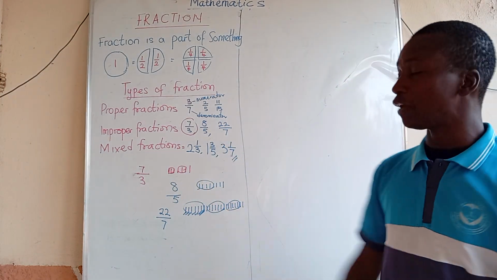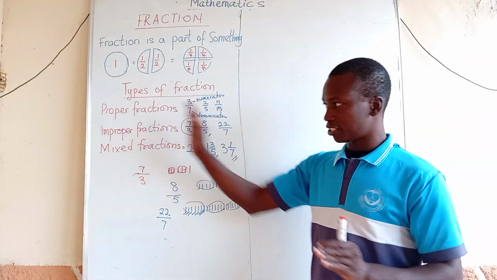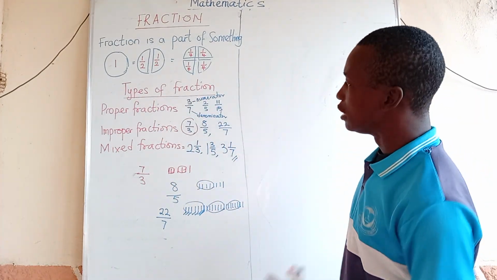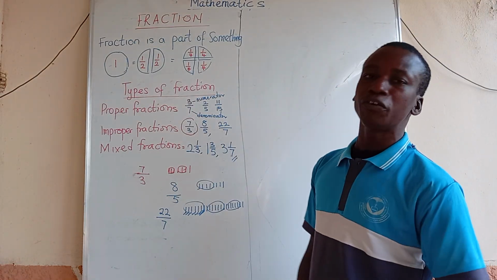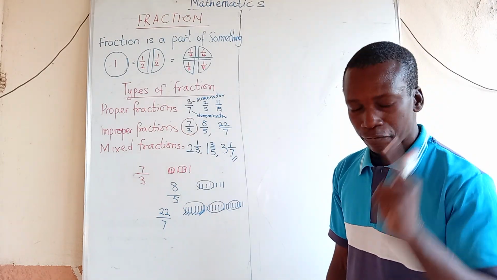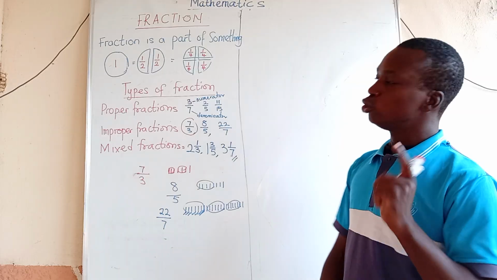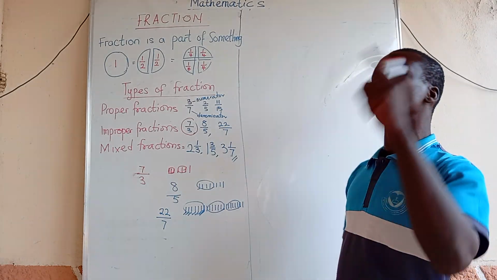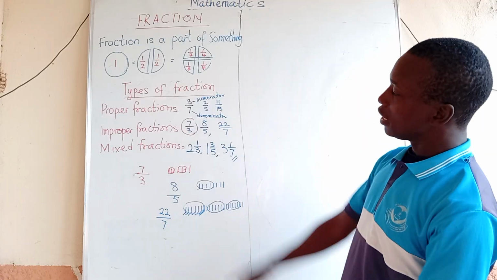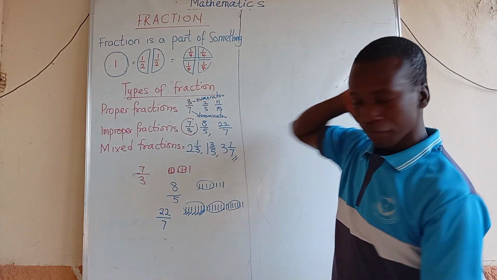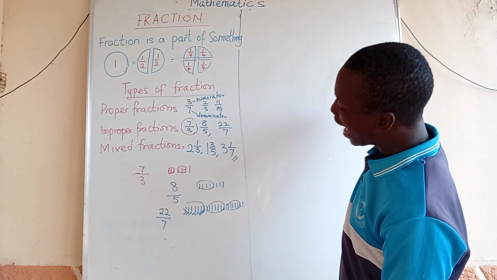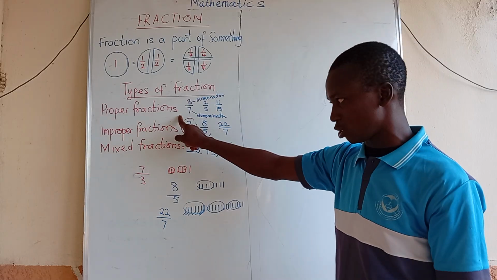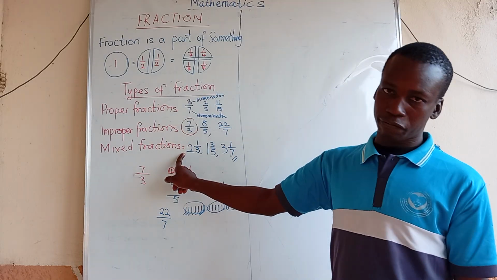What is the significance of this? The significance of this is that when you are solving a fractional question, if your final answer in any mathematical solution is in fraction, it must either be in a proper fraction or a mixed fraction.